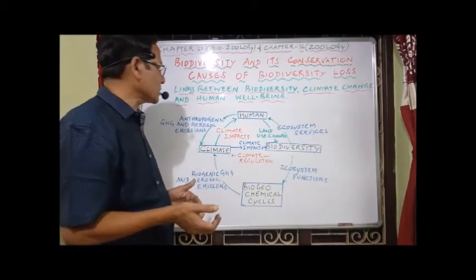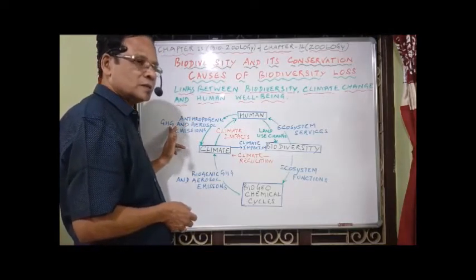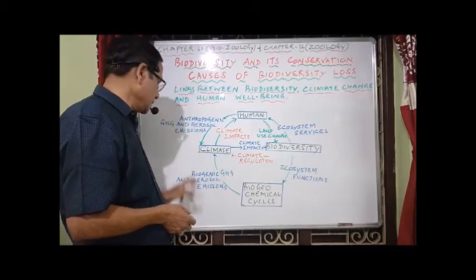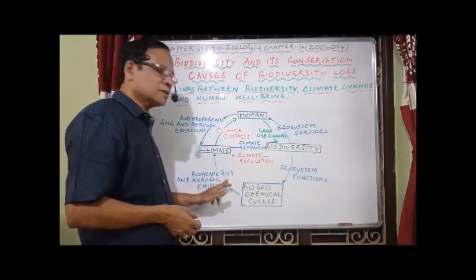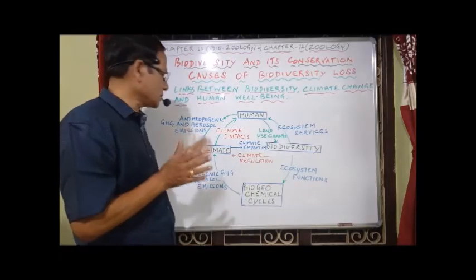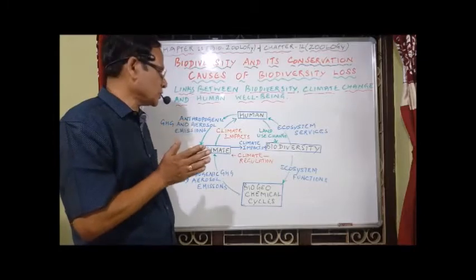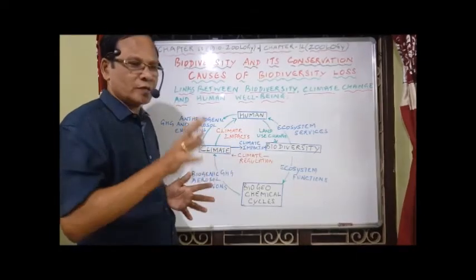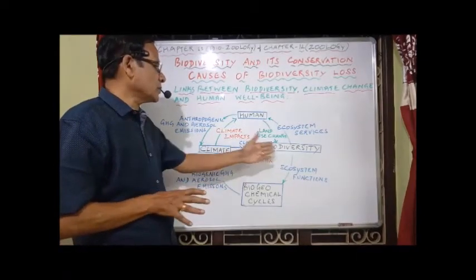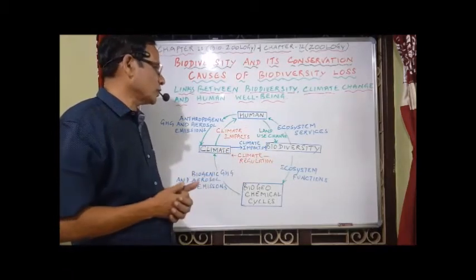A change in climate occurs because of anthropogenic activity, which results in greenhouse gas release, and also biogenic release of greenhouse gases by biogeochemical cycles. Both affect the climate. The climate impacts the biodiversity, and the biodiversity is responsible for regulating the climate in different ways.